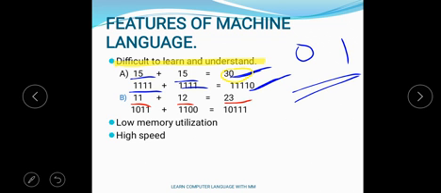For every number or every character or every alphabet, there is a specific binary number. So for 11, the specific binary number is 1011. For 12 it is 1100, and 1011 plus 1100 gives 10111.